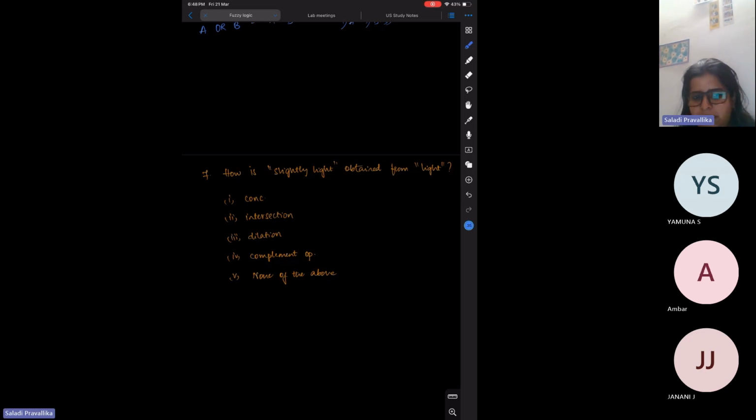We are given options: first is concentration, second is intersection, then dilation, complement operation, and none of the above. Whenever the word slightly or more or less is used, we always go for to the power 0.5, which is nothing but dilation. So dilation is your answer.